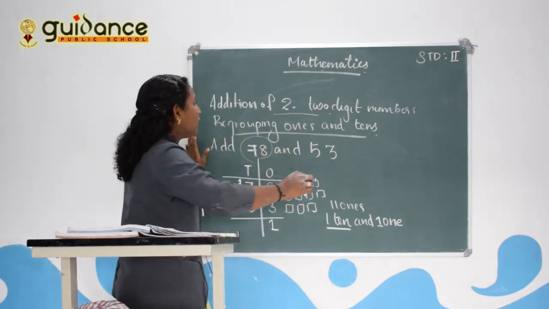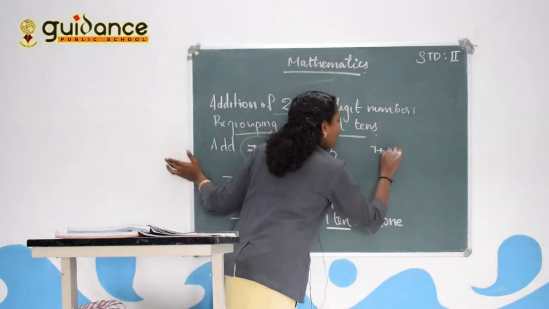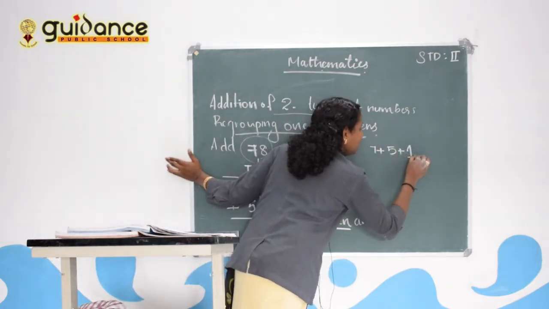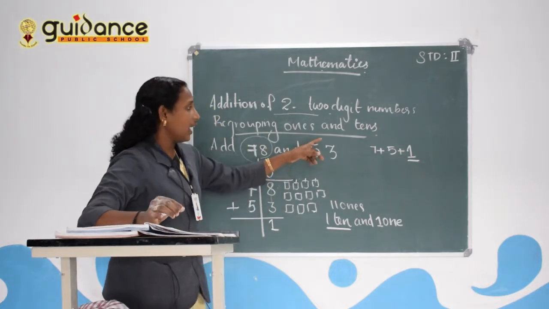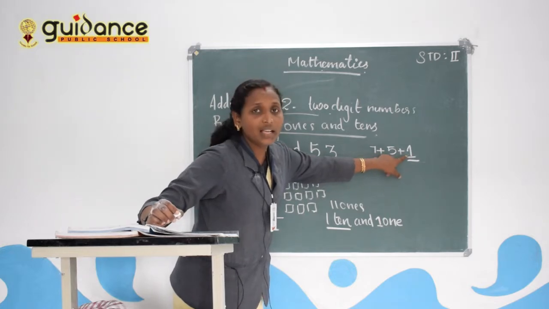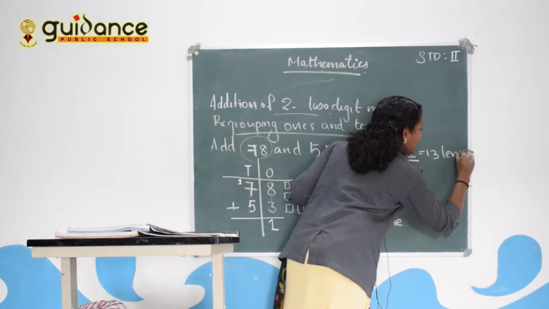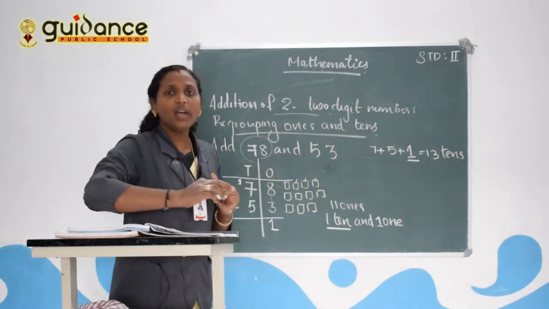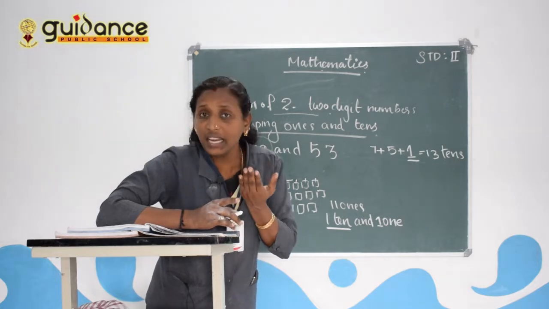That means how many tens? 7 plus 5 plus this 1 which is carried over. 7 plus 5 is 12. 12 plus 1, what is that? 13 tens. 12 plus 1 is 13 tens.